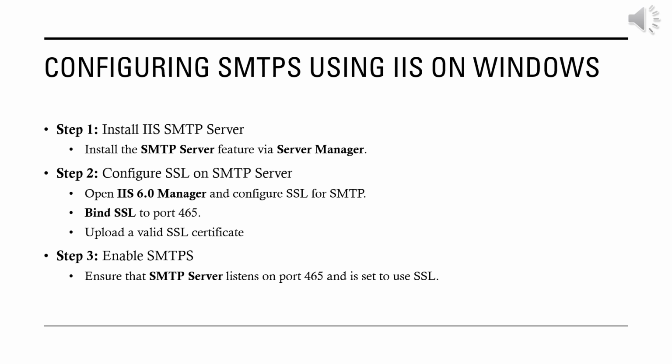This opens IIS Manager and configures SSL for SMTP. Next, through step two, you want to bind SSL to port 465 and then upload a valid SSL certificate. Step three, you want to enable SMTPS. This ensures that the SMTP server listens on port 465 and is set to use SSL.